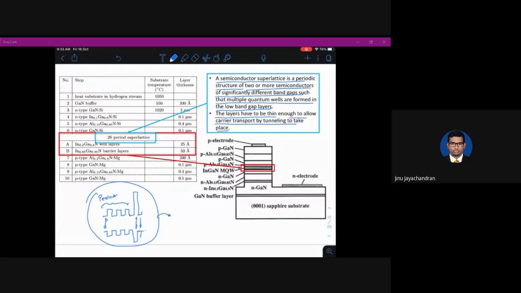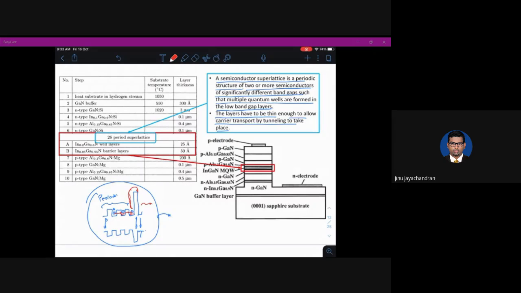And why do they form? So that there will be confinement of the carriers inside the quantum well. Because of the barrier here, the carrier cannot move out of the well and go to the other layers. And also, since more carriers are there inside the quantum well, they can tunnel through. We have already seen that when a potential is applied, the quantum well will tilt, and there will be energy levels common to different quantum wells so that the electron can tunnel through.